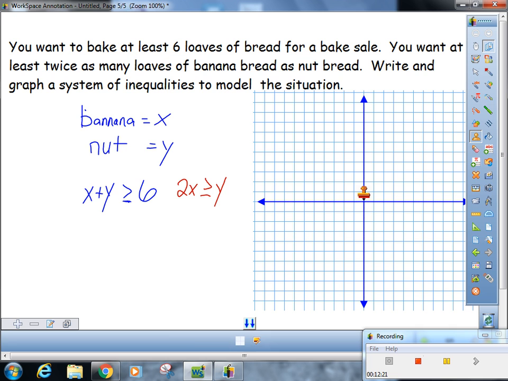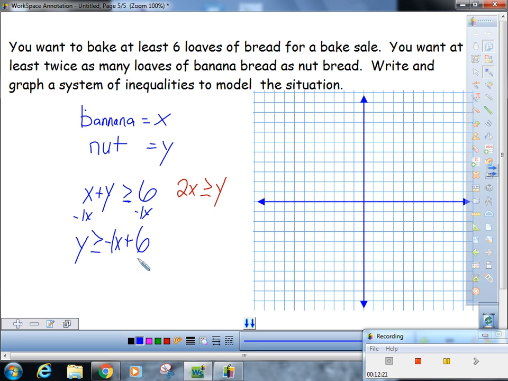Okay. So, back to our little strategies. I have to subtract a 1x from this, and that gives me y is bigger than negative 1x plus 6. Now I'm kind of doing these real fast.